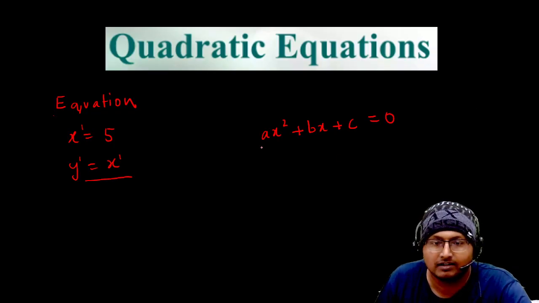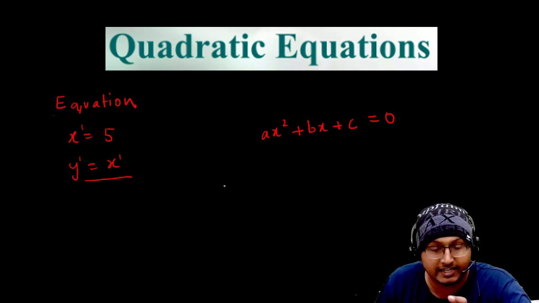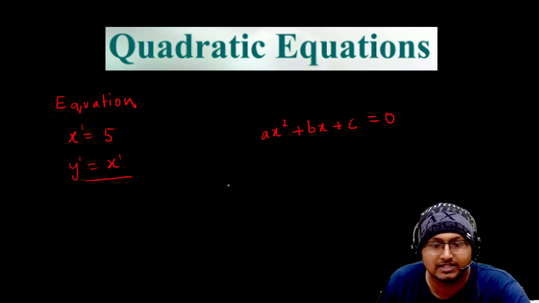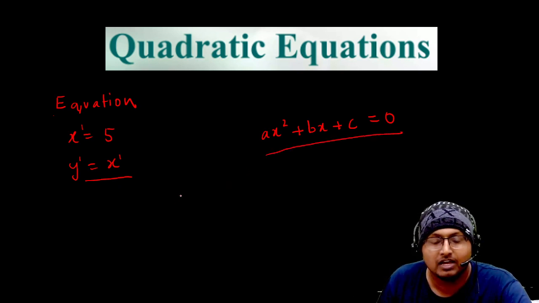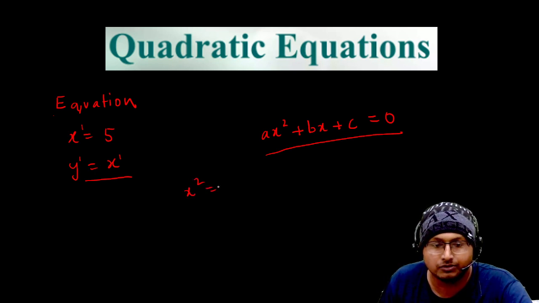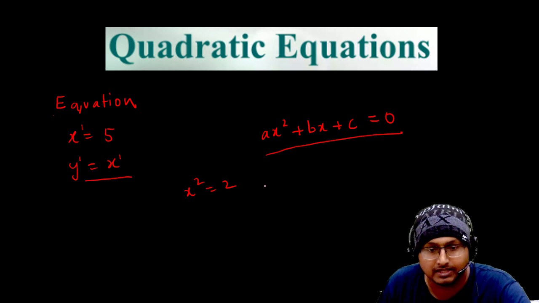Any quadratic equation that we get can be represented in terms of ax square plus bx plus c. For example, we know x square is equal to 2. Can you represent this x square equal to 2 as a quadratic equation? Yes, we can.